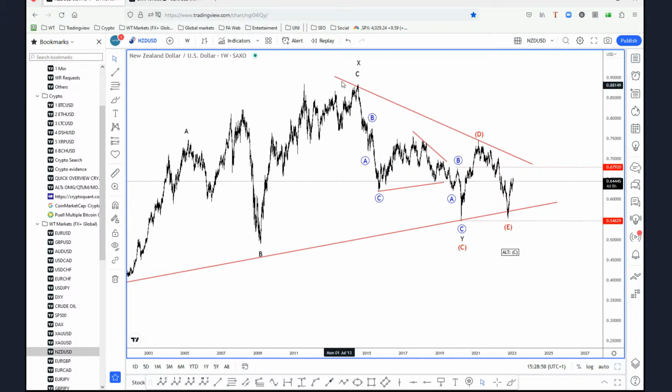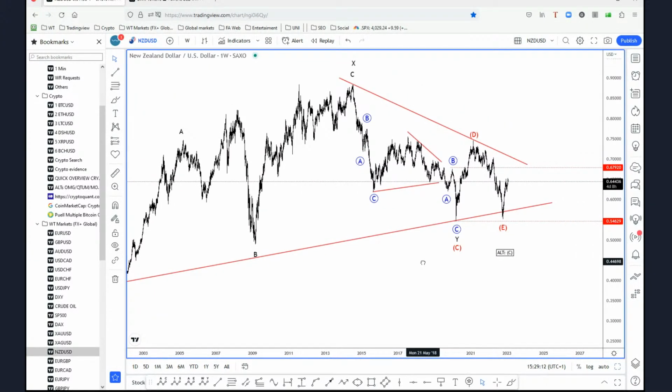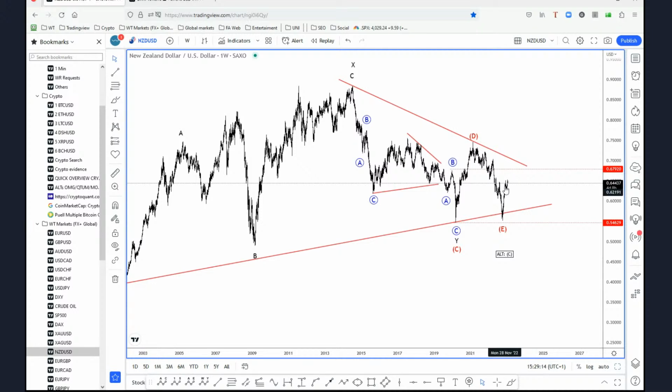I'm not sure if the market will break to the upside since I have a bullish triangle or not, but the idea is that not in the short term, but let's say in the next few months or in this year, we could see a retest of this upper trend line, and then let's see what happens. But for now, I think that there is room for more upside because this bounce from the lower side of this pattern is clearly impulsive, as I will show you in the next slide. So I think that more upside could be seen after a pullback.